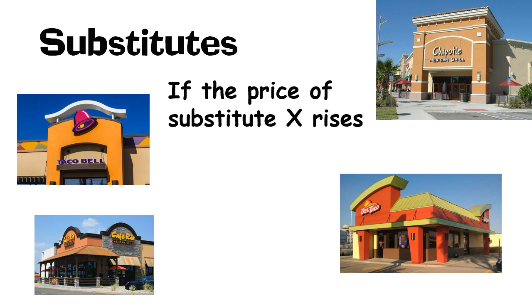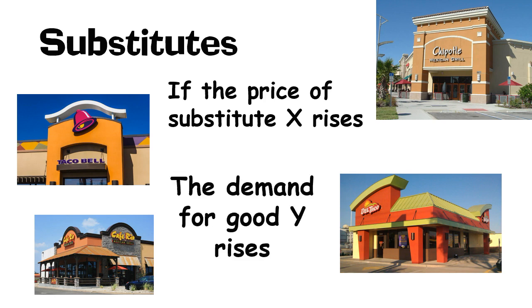So let's suppose that Taco Bell raises their price. If the price of substitute X rises, so Taco Bell raises their prices, what's going to happen to the demand for Cafe Rio, Del Taco, and Chipotle? It's going to go up. So if the price of substitute X rises, the demand for good Y rises.